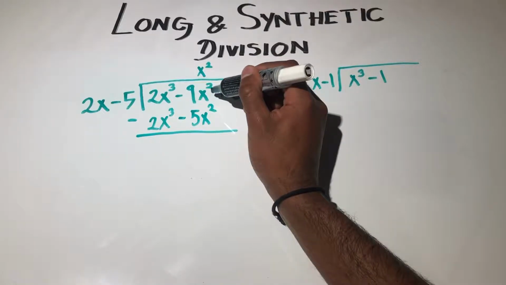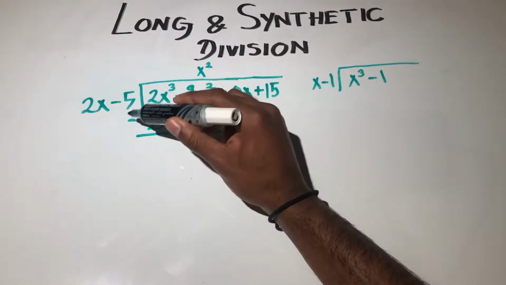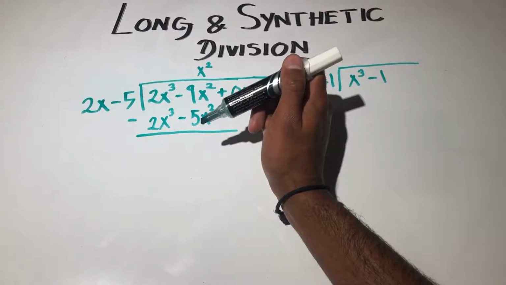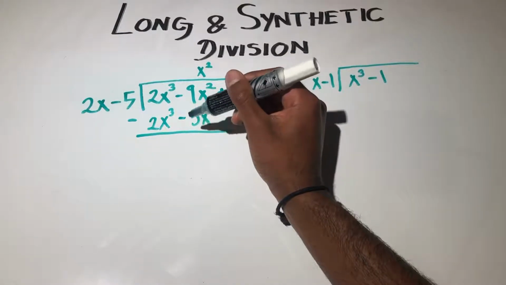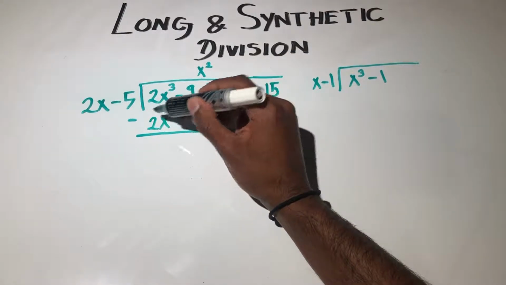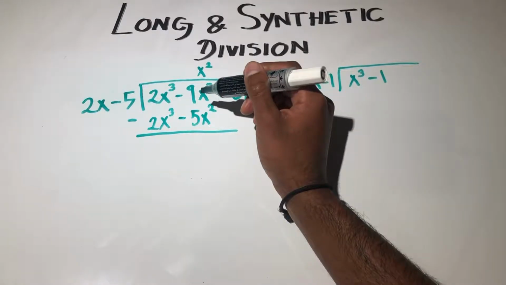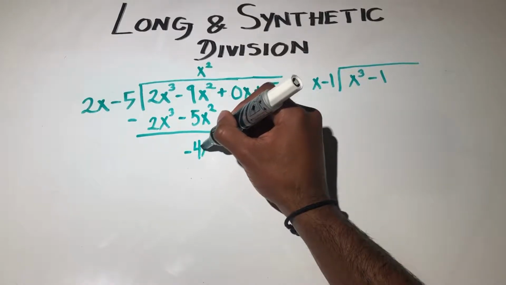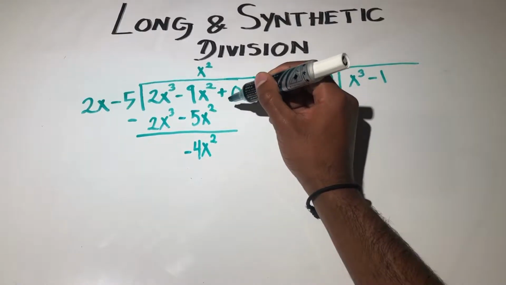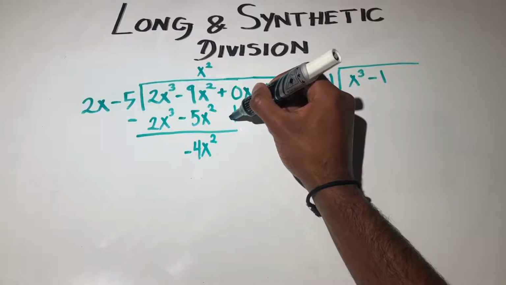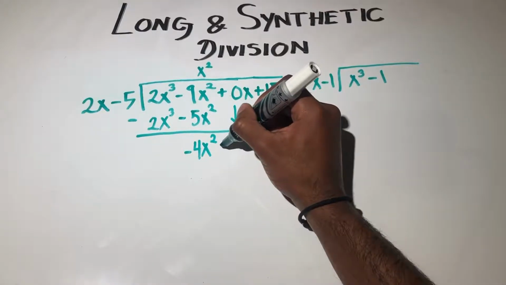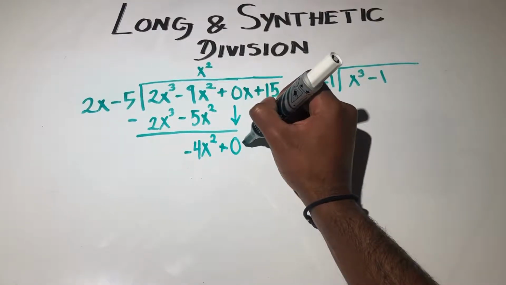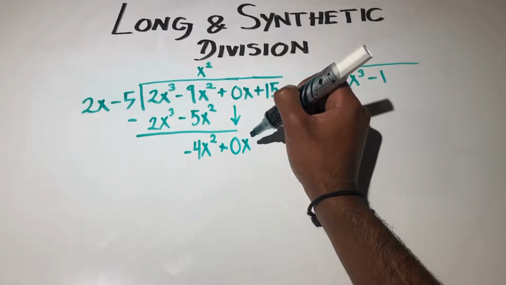And then negative 9x squared minus negative 5x squared. So negative 9x squared plus 5x squared, that's just going to give us negative 4x squared. And we're going to go ahead and bring down our next term that we added here. And that's going to be 0x.